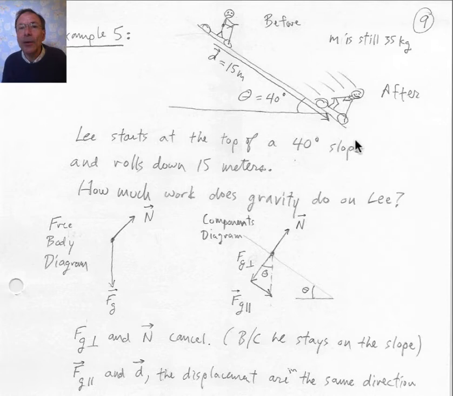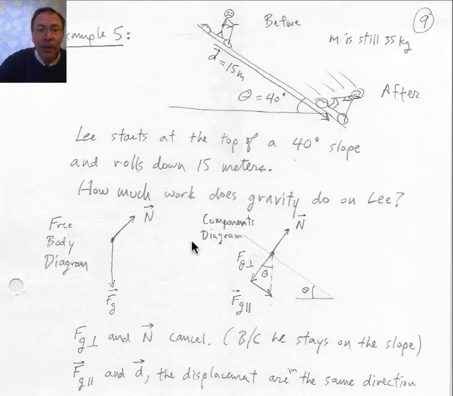And so now he's rolling pretty fast. After going down the slope, he's moving pretty fast. And the question is, how much work did gravity do on Lee? Obviously, gravity did some work, right? Otherwise, he wouldn't be moving.